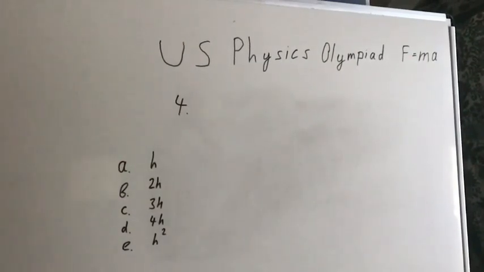Problem number 4. An object is released from rest and falls a distance h during the first second of time. How far will it fall during the next second of time?